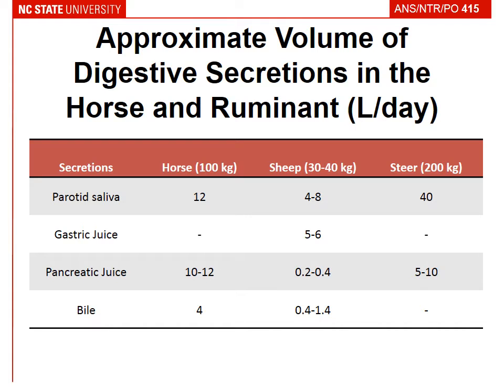Depending on the animal, we have different amounts of saliva produced, and different amounts of gastric juices, pancreatic juices, and bile secreted. You can see here, most significantly from the parotid salivary gland, the horse secretes about 10 liters per day, and this is a 100-kilo horse, compared to a sheep that weighs between 30 and 40 kilograms, secreting 4 to 8 liters per day.